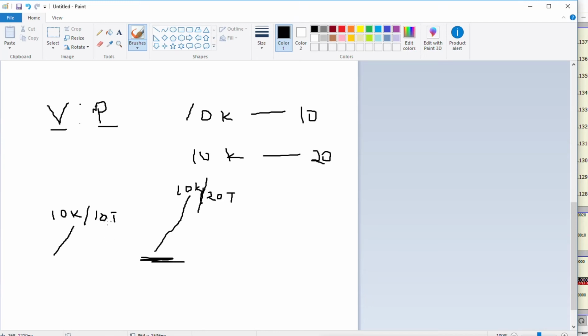You can say that the 10-tick wave made less progress, so supply is stronger. I just put STR, supply is stronger. Why? Because with the same amount of volume, it could not push price far enough.